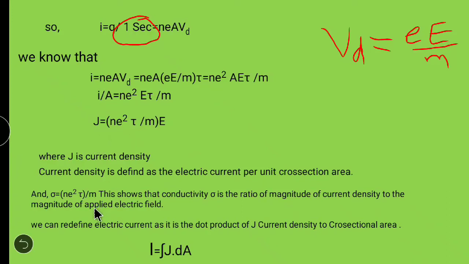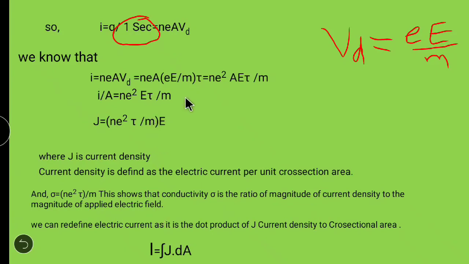So here students, sigma is equal to n e square tau upon m. This shows the conductivity. Sigma is the ratio of the magnitude of current density to the magnitude of the applied electric field.